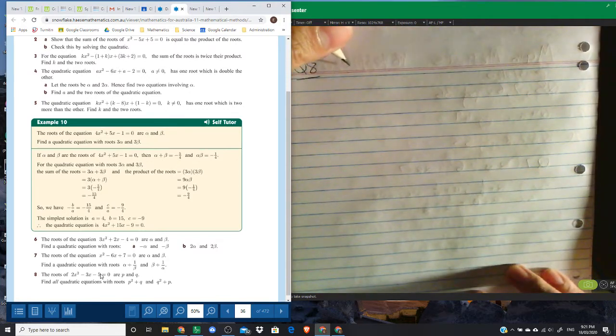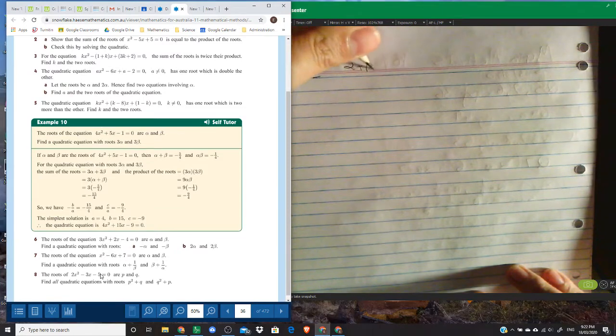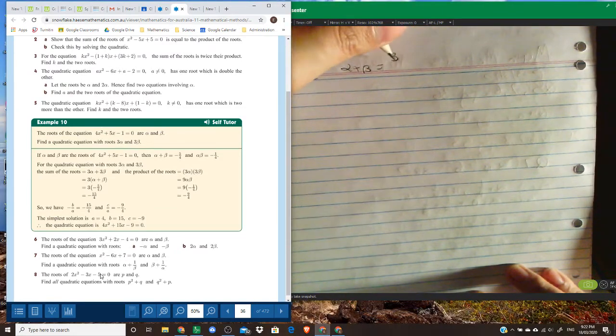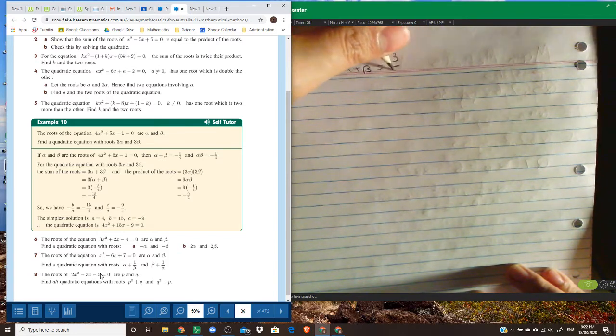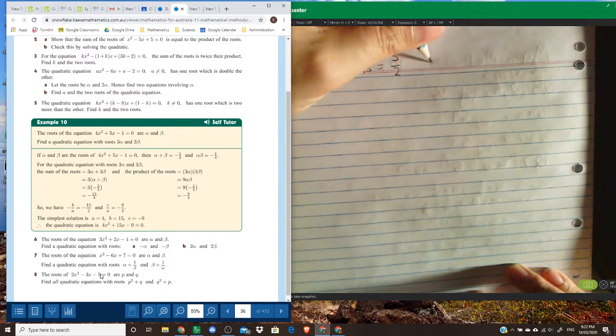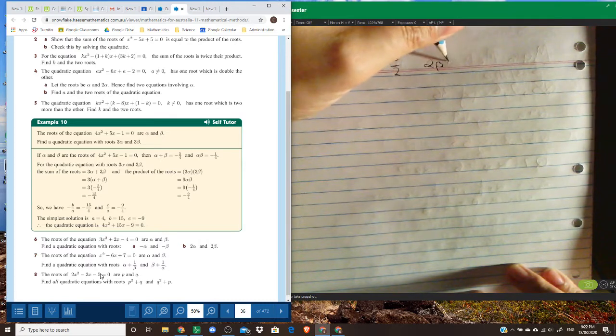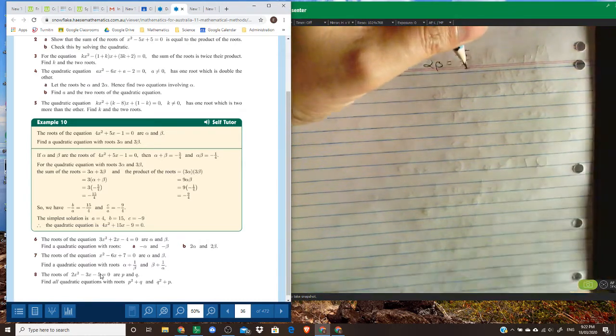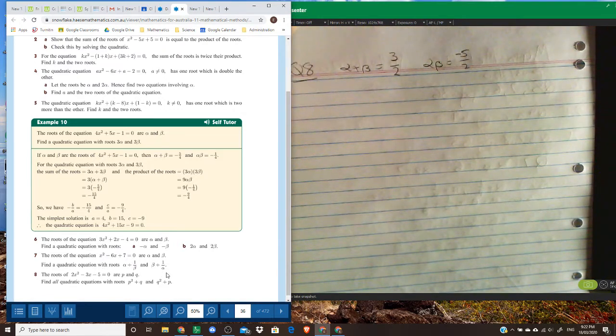All right, so the sum alpha plus beta equals minus b, so which minus negative 3 is 3, over a, so 3 halves. Alpha beta, the product, is c on a, which is minus 5 on 2.